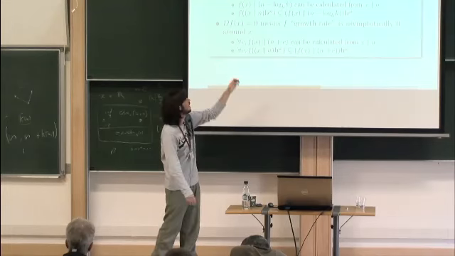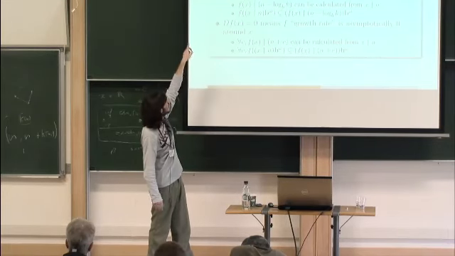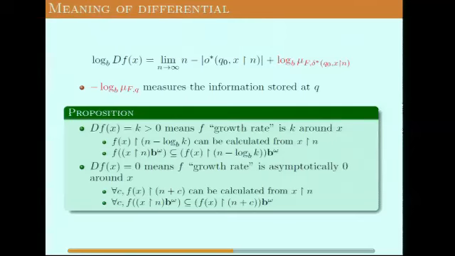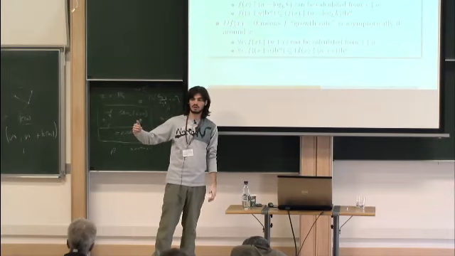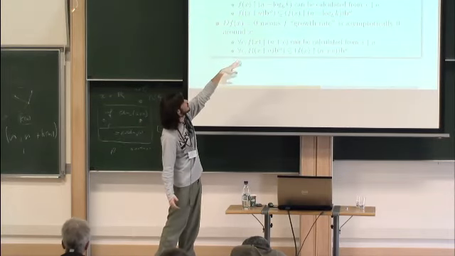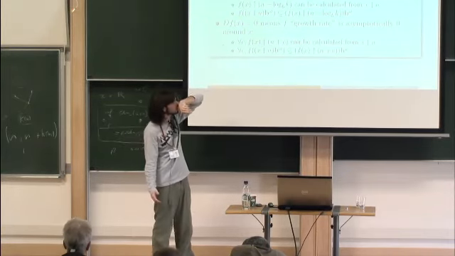If the minus logarithm of mu sub f at q is high, it means that Q has a good number of bits stored in it, so with less input I can output more. So this adds up to the difference between input and output.